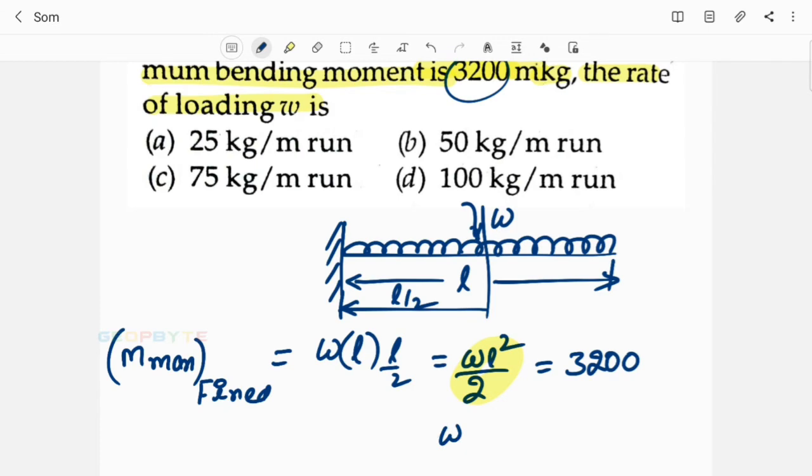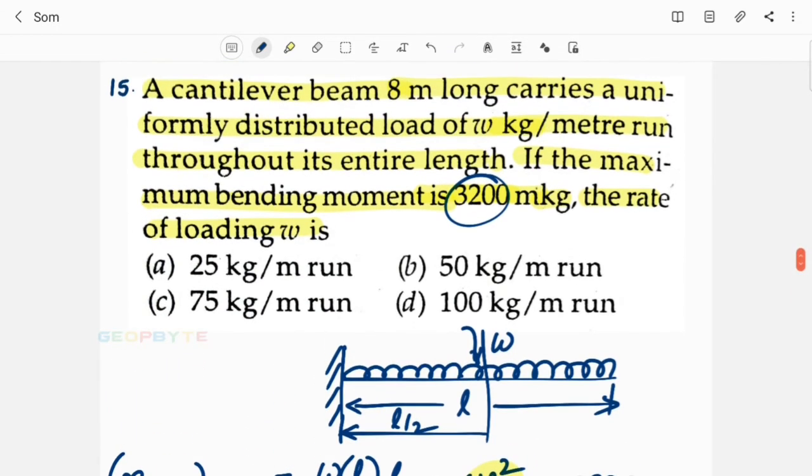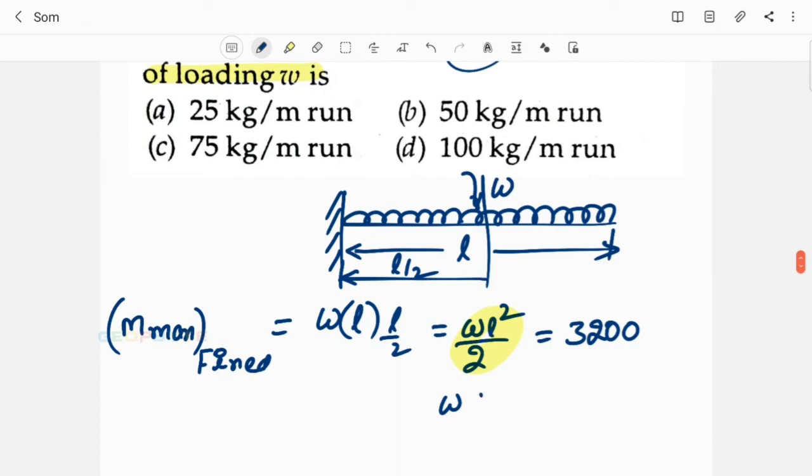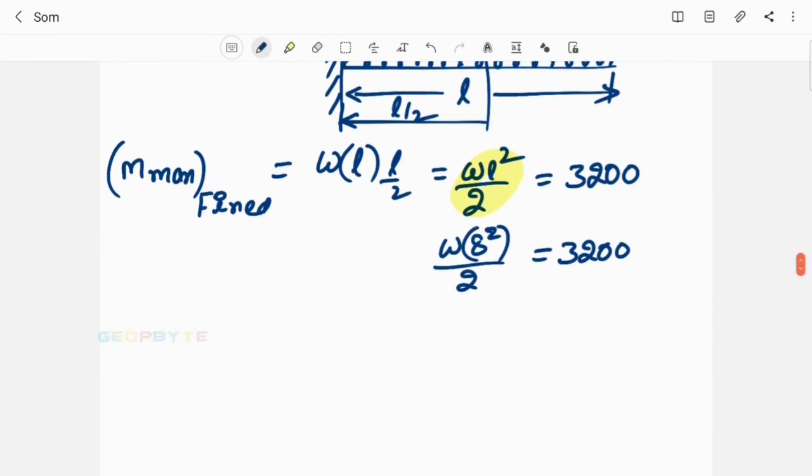W into what is the distance given? Distance given is 8 meters. W into 8 square divided by 2 is equal to 3200. From this, W into 8 square is equal to 6400.